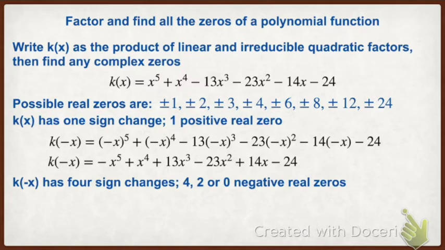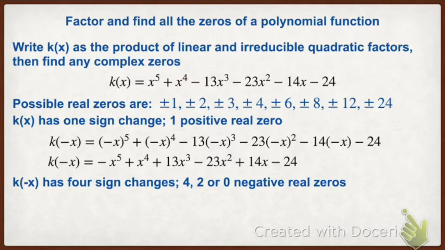I'm also going to look for what happens when we put in a negative x to see what possible negative real zeros we might have. I substitute it in for every term where x is, and I simplify. We get negative x to the 5th plus x to the 4th plus 13x cubed minus 23x squared plus 14x minus 24.